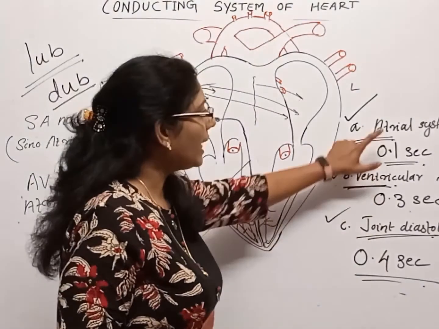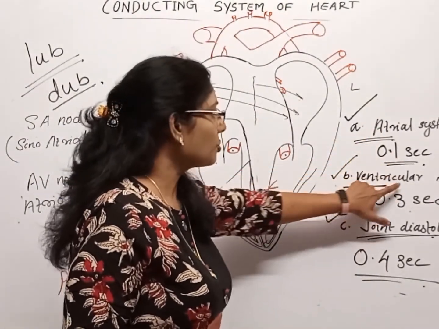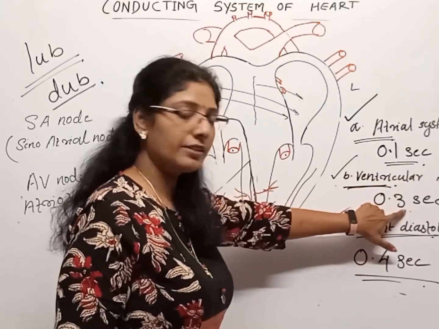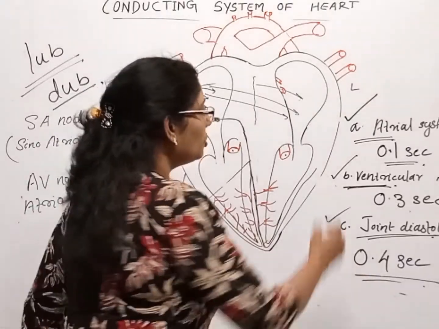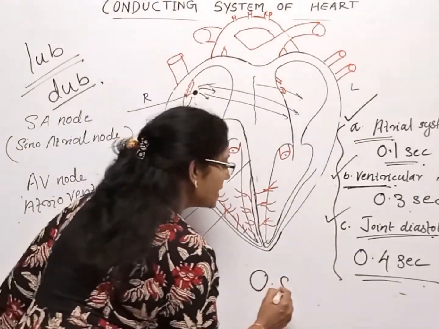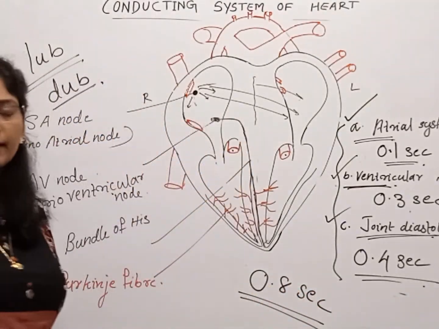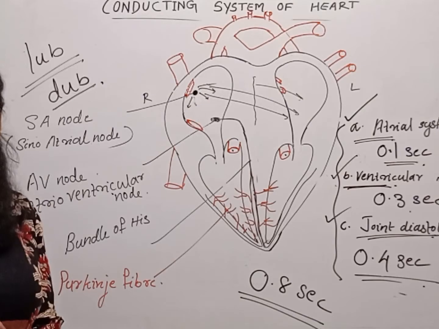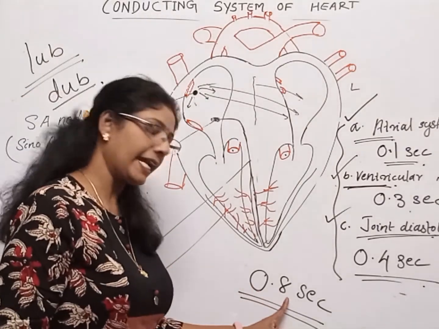So now count: atrial systole takes 0.1 second, then ventricular systole 0.3 second, and joint diastole 0.4 second. So the entire cardiac cycle takes 0.8 seconds. The duration of one heartbeat is 0.8 second.